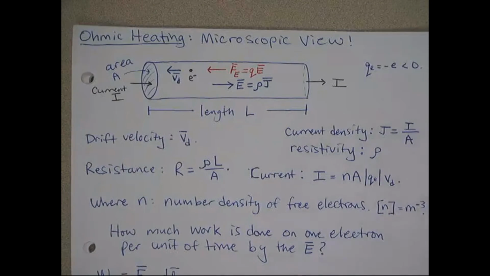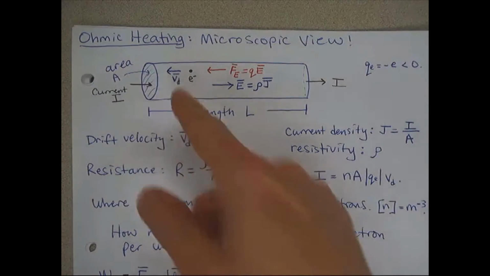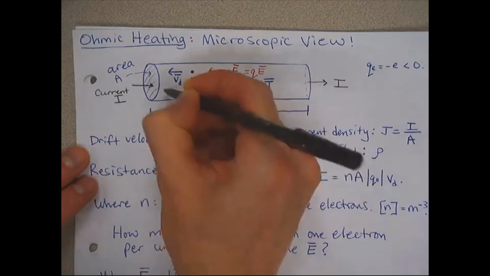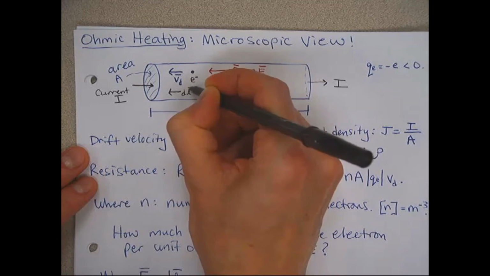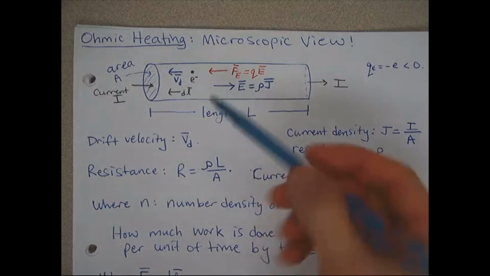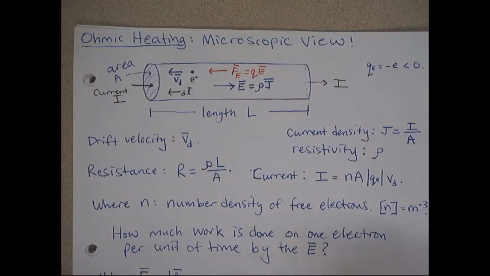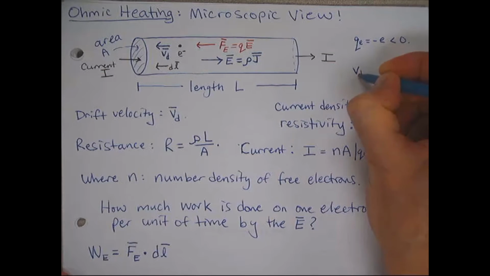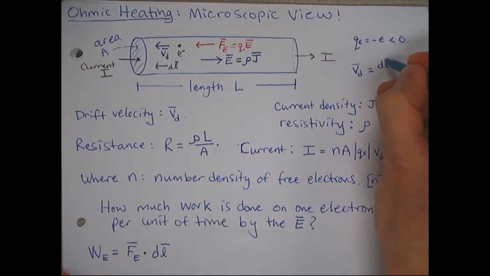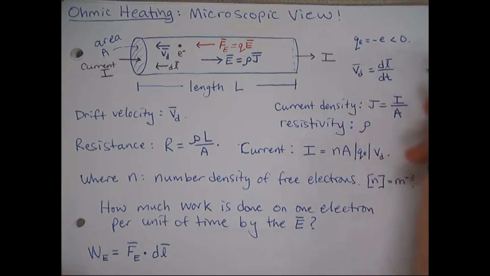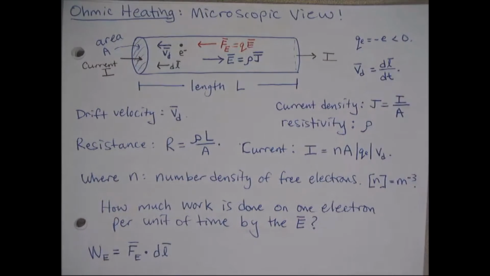And in our picture up here, you can always think of Vd as defining the displacement vector dl. Their directions must be the same. The relationship, of course, is that Vd, the velocity, would be the displacement vector per unit infinitesimal time, dt.